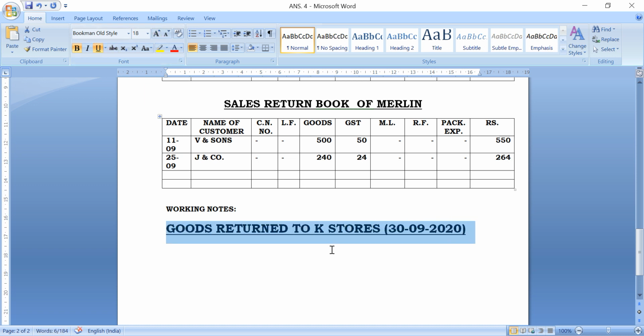Here it is, you can see. Goods returned to K stores.